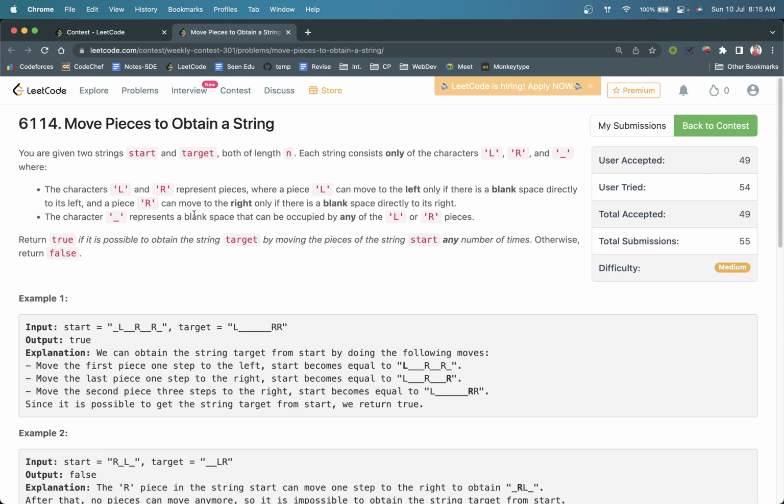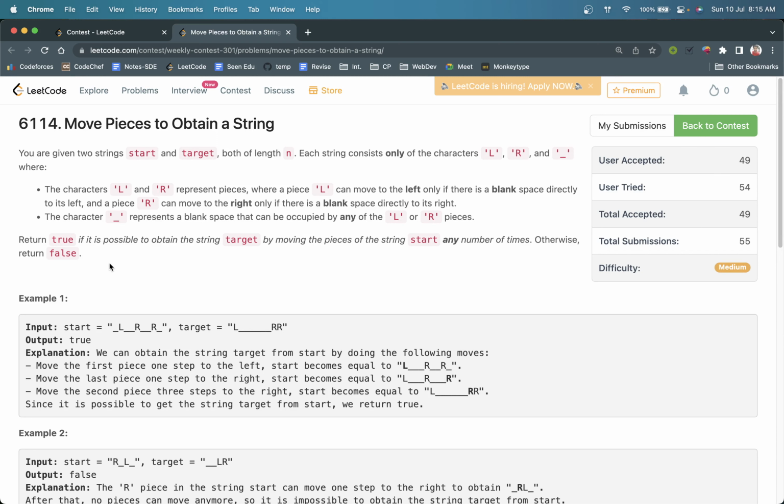The piece R can move right if there is a blank space directly to its right. A dash represents a blank space that can be occupied by any L or R piece. Return true if it is possible to obtain the string target by moving the pieces of the string start any number of times, otherwise false.